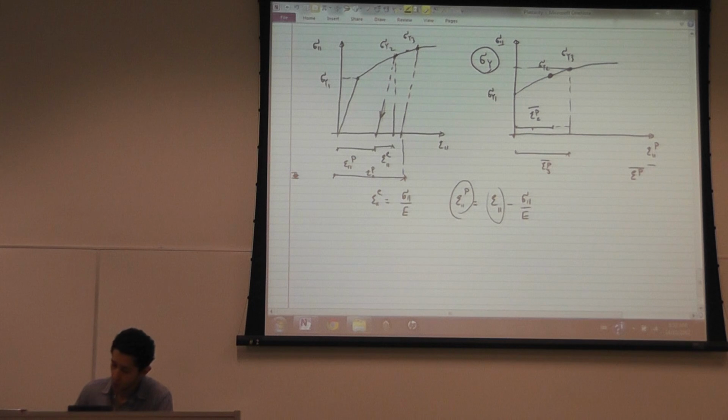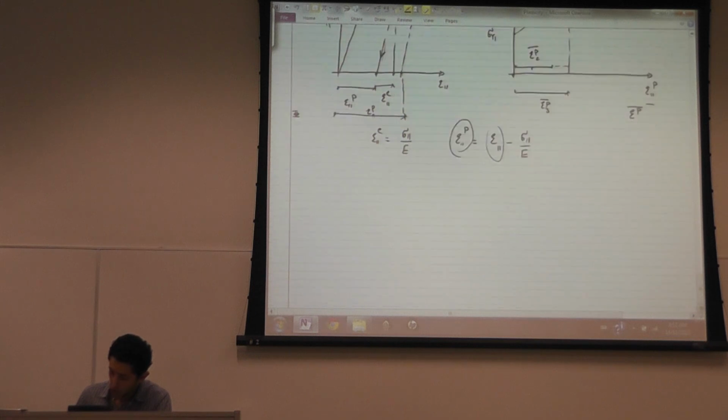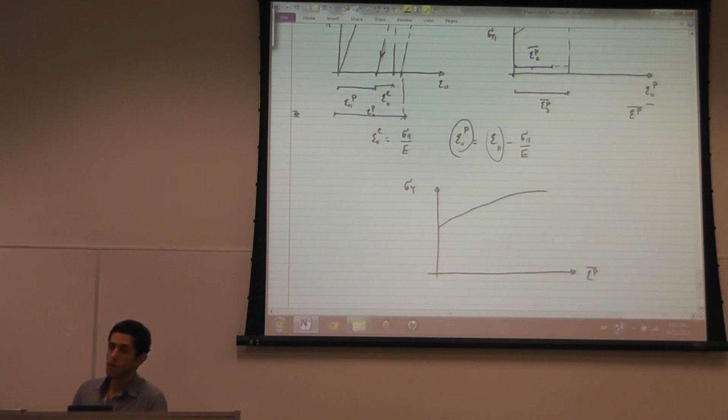This relationship between sigma yield and epsilon P can be described so it looks like this. There are different material models that can be used to describe this curve.